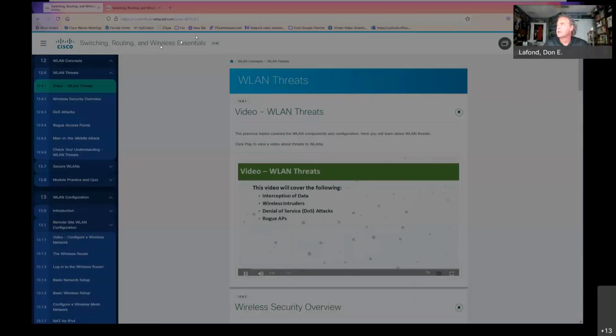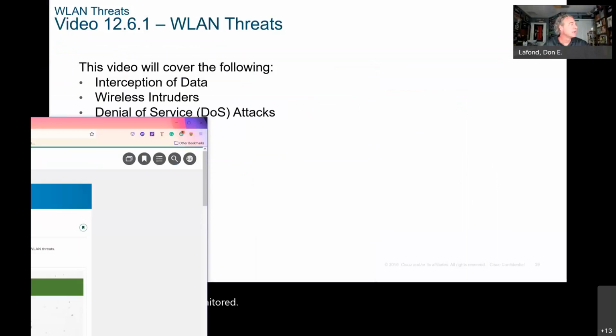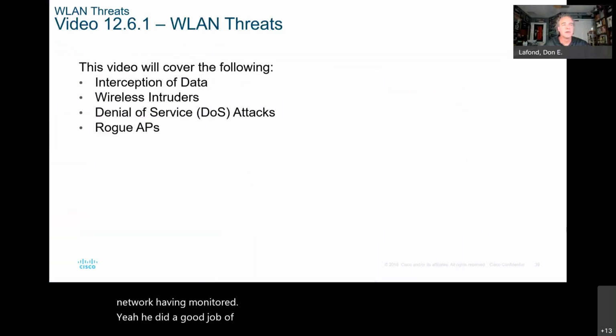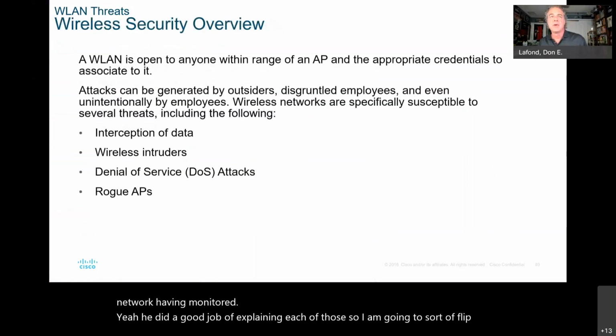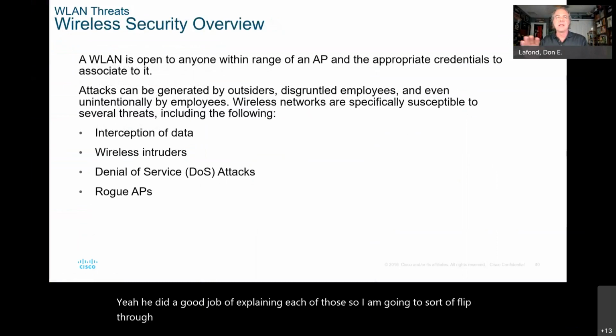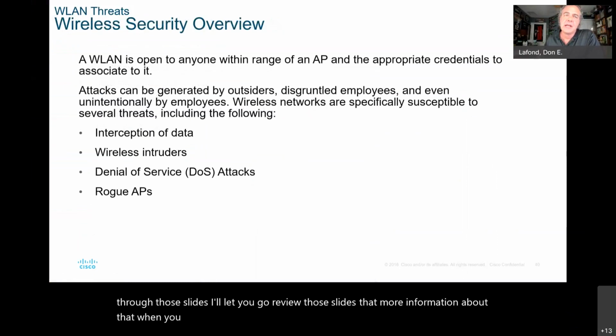Okay. And he did a good job of explaining as we each dive into those wireless local area networks. So I am going to sort of flip through those slides. I'll let you go review those slides, and get more information about that when you get into the chapter material, to be able to review that material a little bit more in depth.